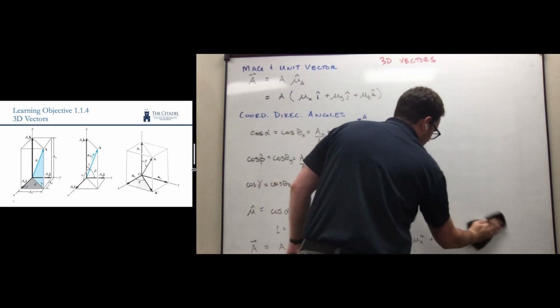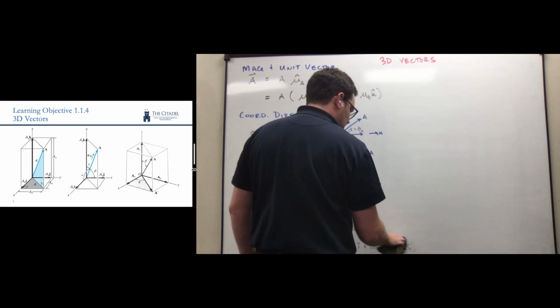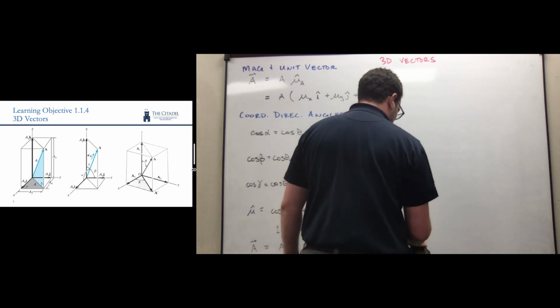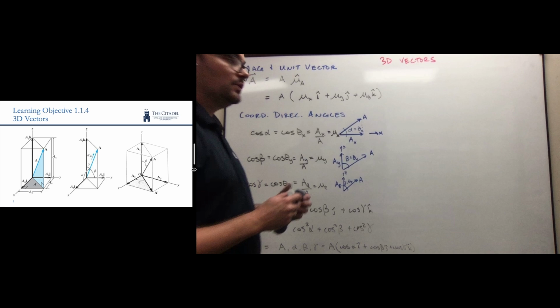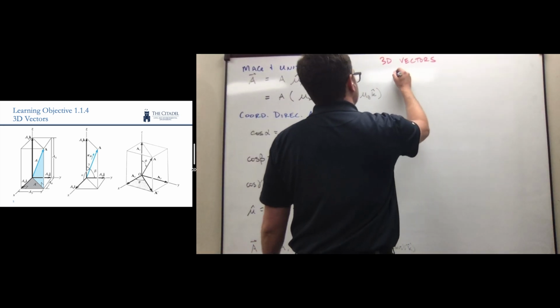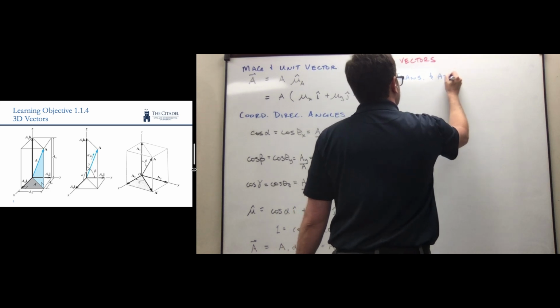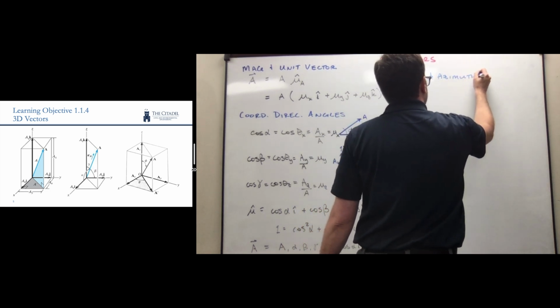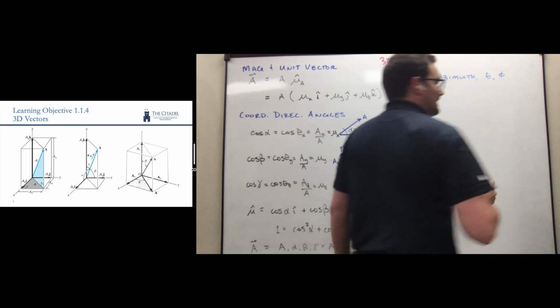Again, what we're doing is we're practicing the art of taking 3D visualizations and turning them into our math. So if we're thinking about transverse and azimuth, these angles are going to be theta and phi.